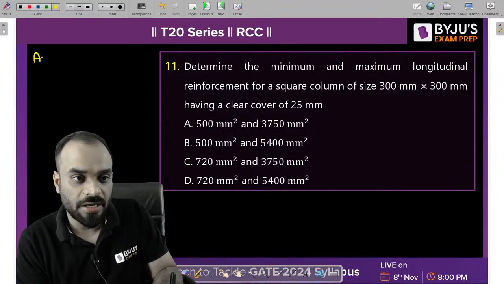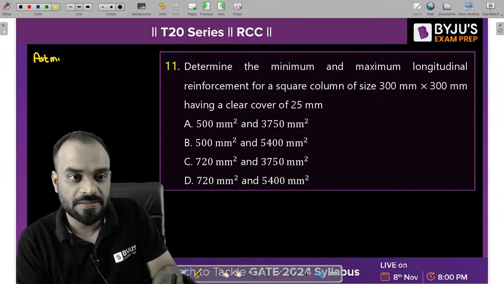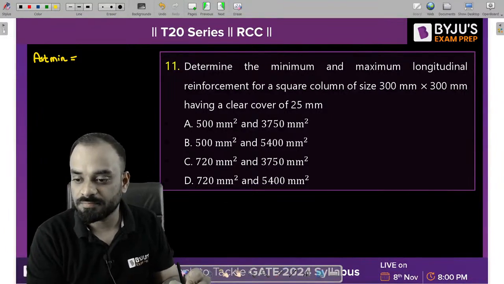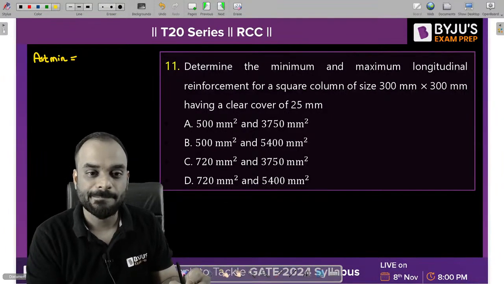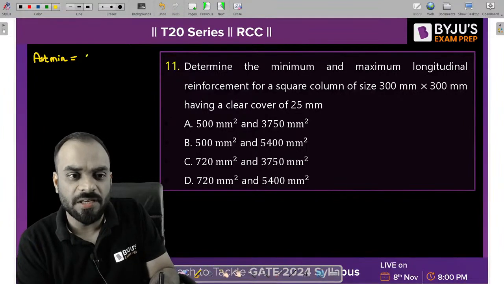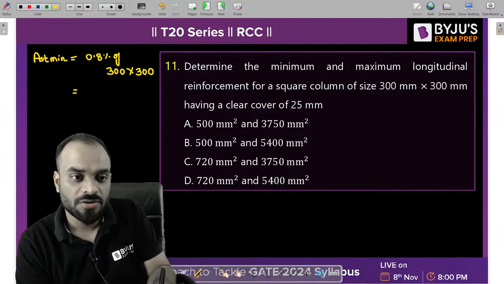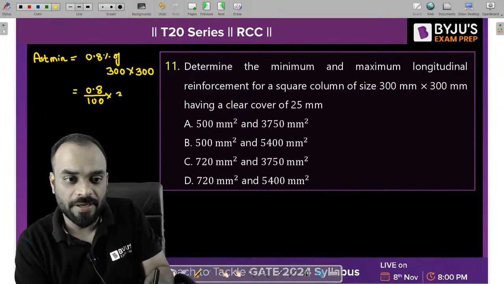AST minimum and AST max. AST minimum is equal to how much? You know that, guys, the AST minimum value is 0.8% of cross section area, which is 300 across 300. Okay, so let's calculate it. 0.8 divided by 100 multiply by 300 across 300.